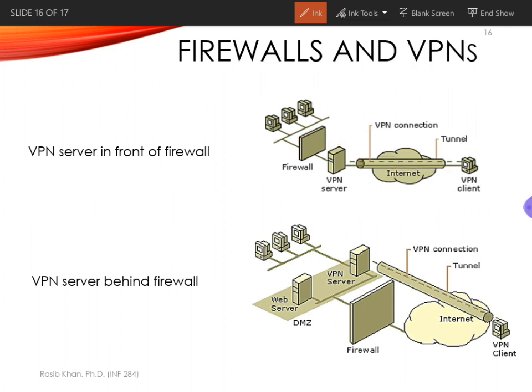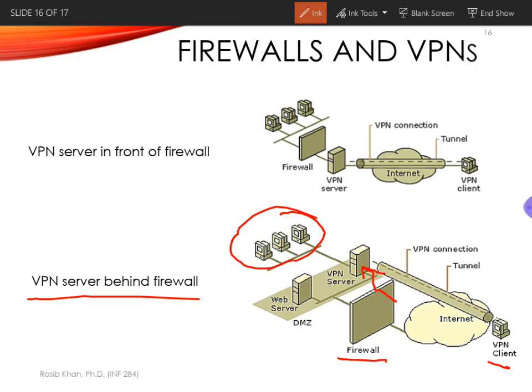In the other case, if we have the VPN server behind the firewall, well, how does this work? So in this case, if a remote client is trying to access a private or protected network, we say that the firewall will now need to allow connections coming into the firewall only to access the VPN server, or it can also define the web server as well.